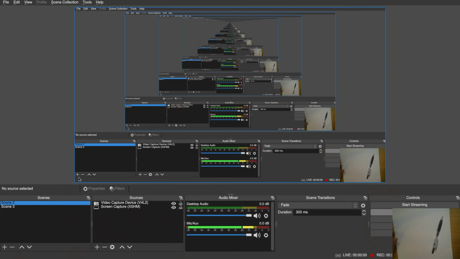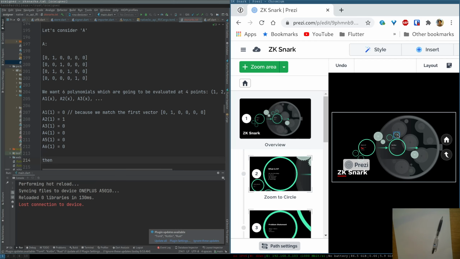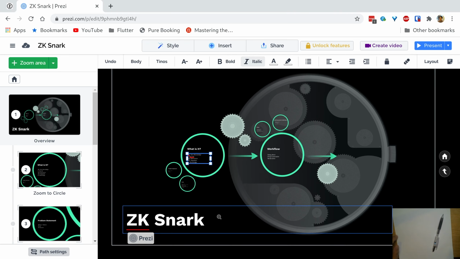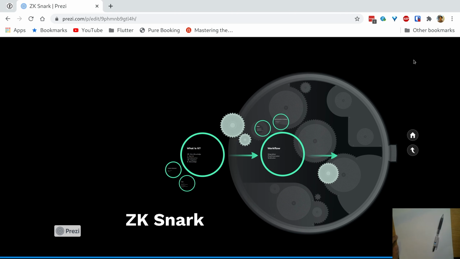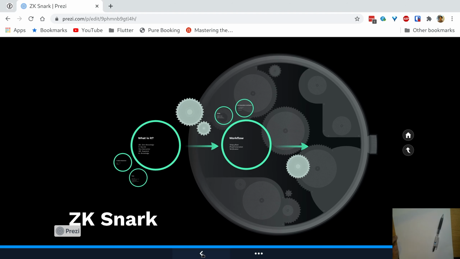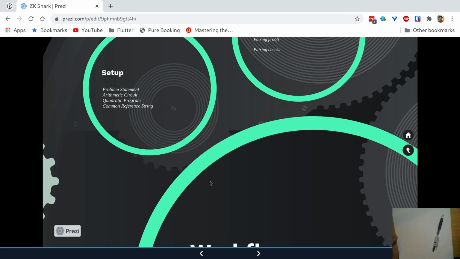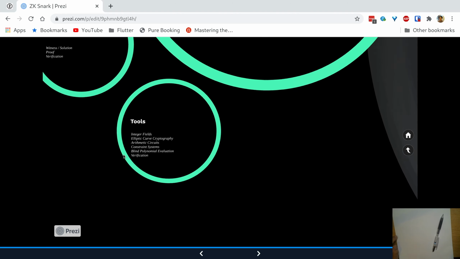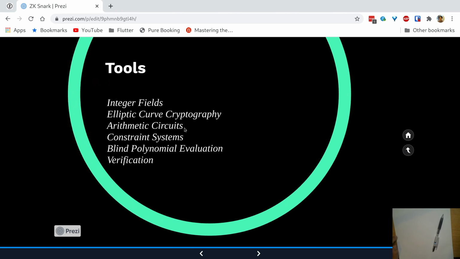So if you talk about where we are in this, we did arithmetic circuits, we did the constraint systems, so we're actually doing this.